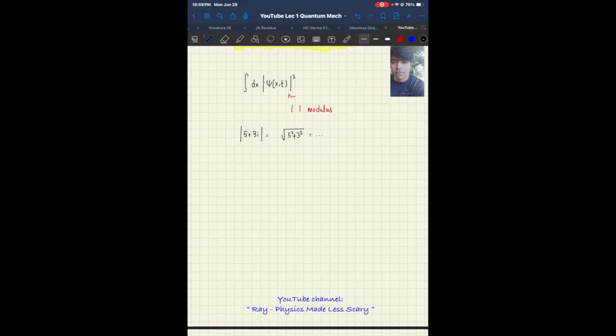It's modulus because typically these wave functions are complex. And you integrate from x equal to a to x equal to b, suitably normalized. Of course, this gives you a probability.